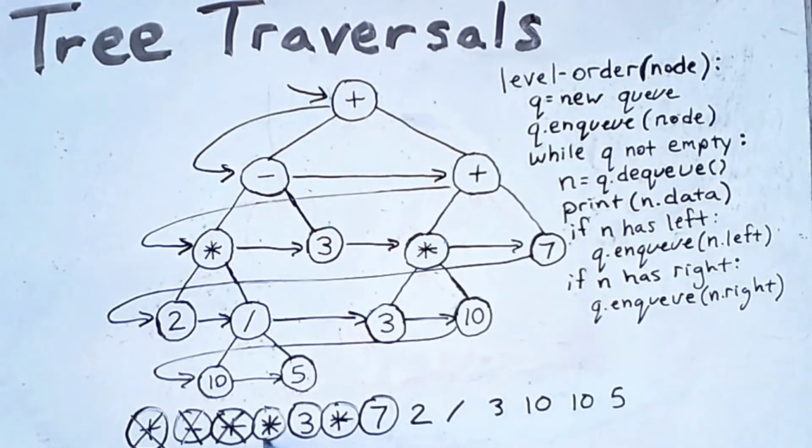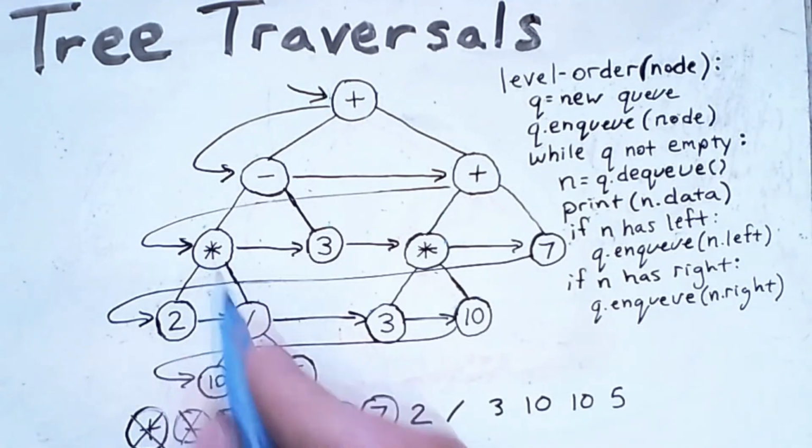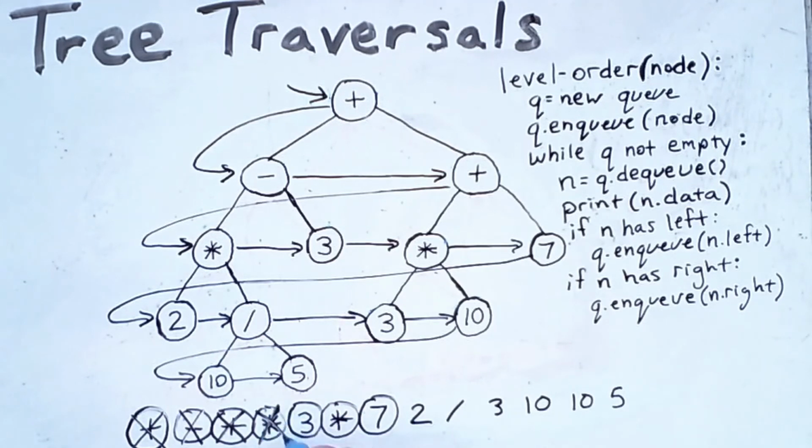Next iteration, dequeue this multiplication, that's right there. We print it out, and then we put its children on the queue. 2 and divide. So you can see that this order that I'm expecting is matching this code that I wrote afterward.